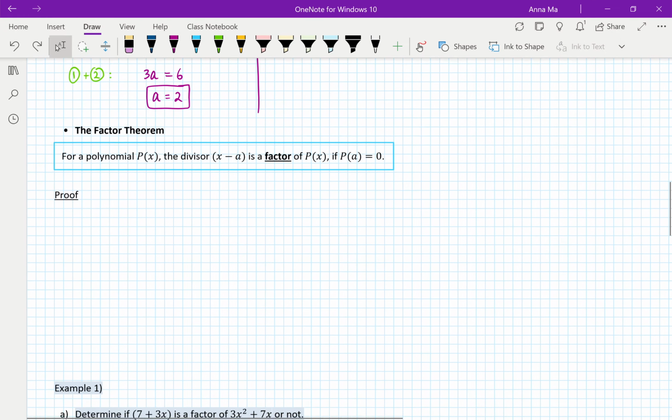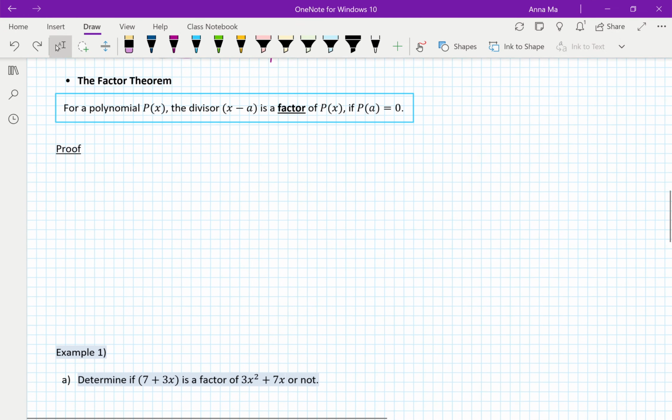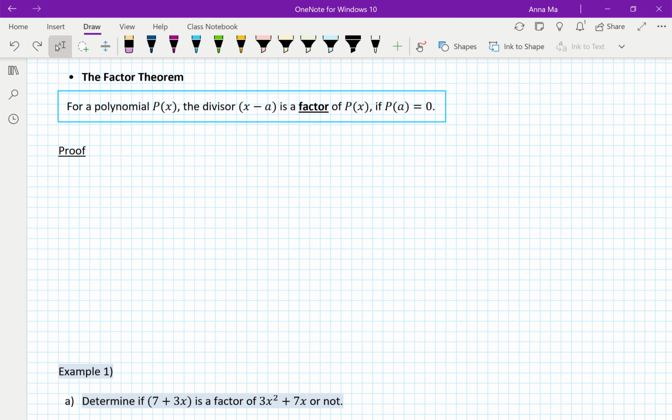Next, factor theorem, which is pretty much the same thing as the remainder theorem, but just a little bit of an extended version. If you've got a polynomial p of x, then the divisor x minus a is considered to be a factor of p of x if p of a is equal to 0. And the proof of this doesn't even have to be algebraic.